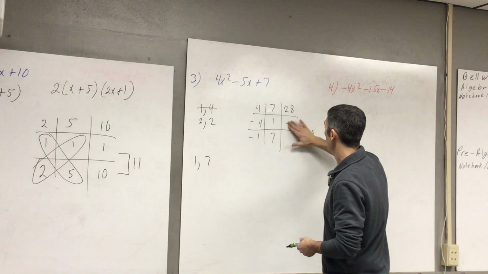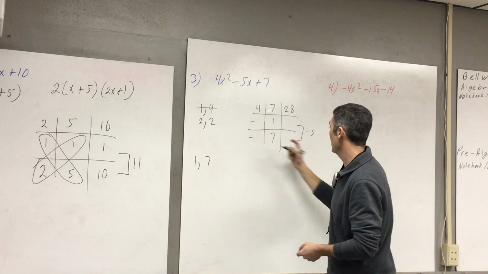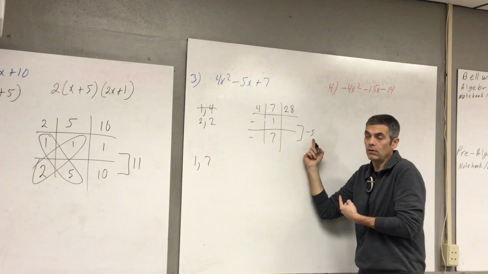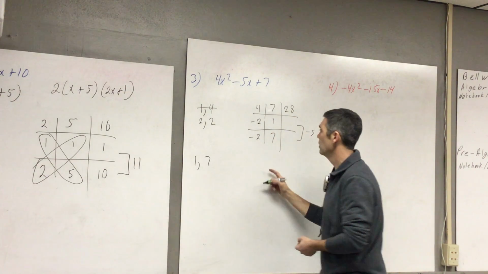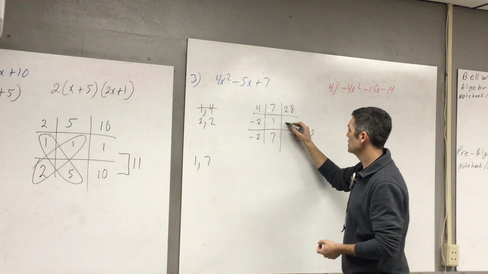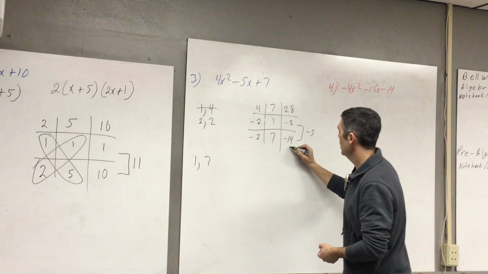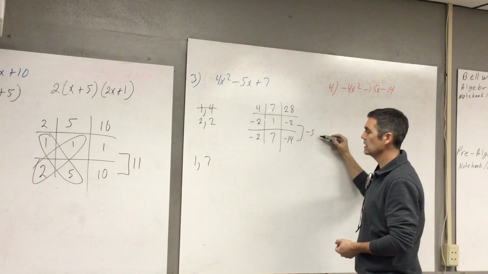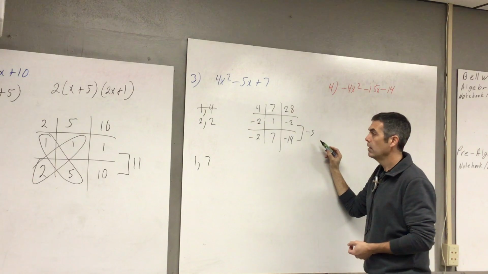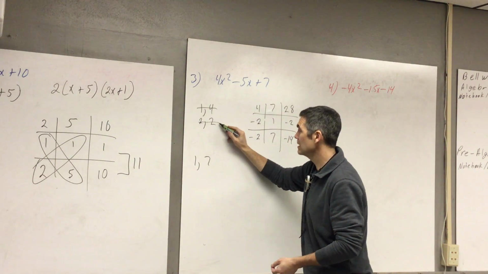So we got to come back over here, and we still know it's got to be negative because otherwise we can't get a -5 over here. All right, so we're going to use the 2's, 2 and 2. -2 times 1 gets us -2. That gets us -14, and then, well, that gets us to 28, but it still doesn't add us to -5. And these two, it doesn't matter how you switch them, it's still going to be there, so that doesn't work.